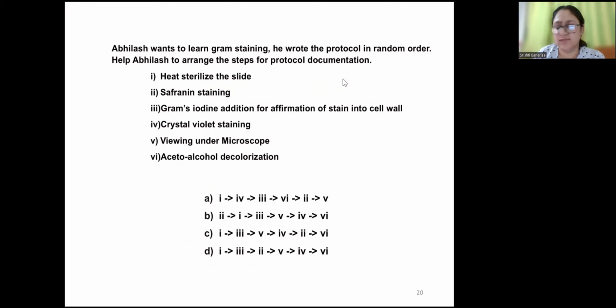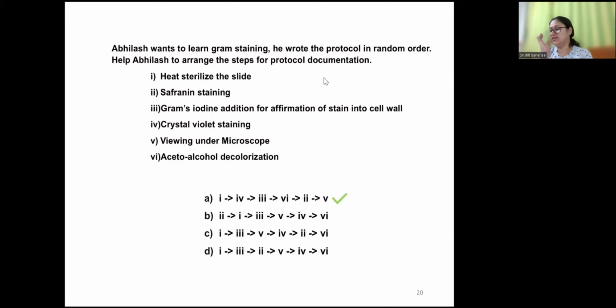No, not C. Any one of you, just try to solve it. A.